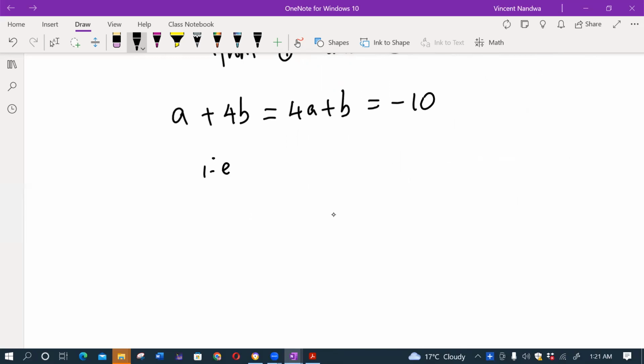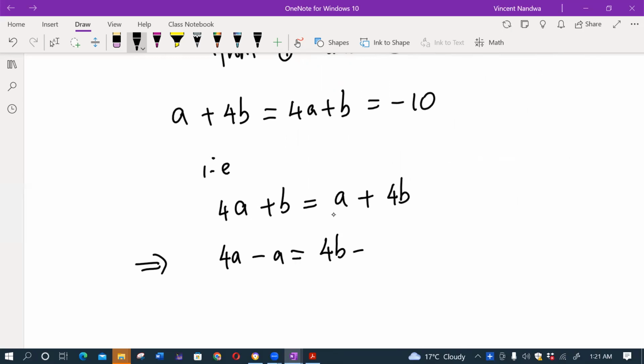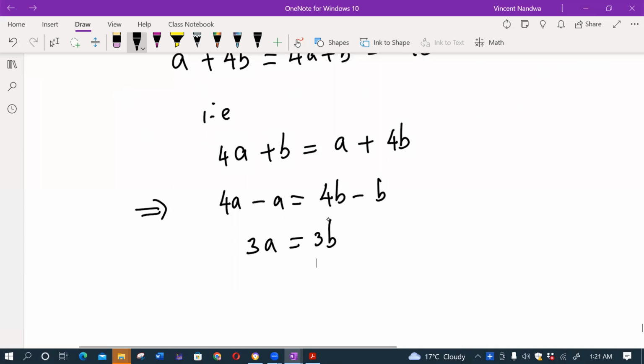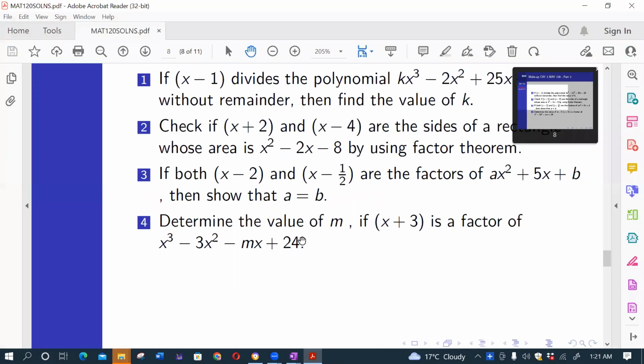So 4a plus b equals to a plus 4b. So 4a minus a equals 4b minus b. So 3a equals to 3b. And even a blind person should be able to see that a equals to b. So that is the confirmation.